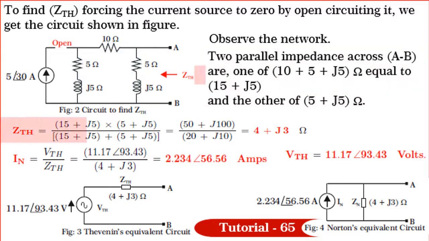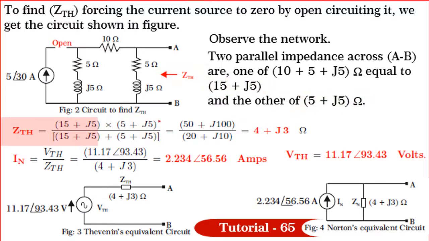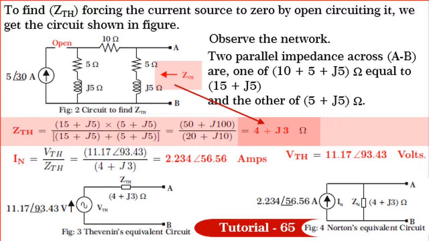Therefore, Z Thevenin is equal to 15 plus J5 into 5 plus J5 divided by 15 plus J5 plus 5 plus J5. By solving, we get Z Thevenin is equal to 4 plus J3 ohm.